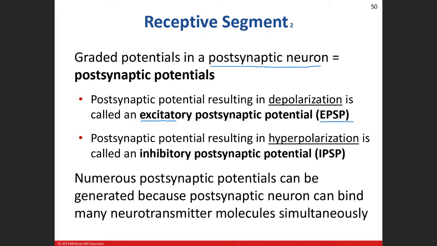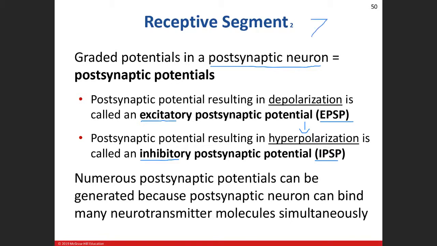Depolarization creates EPSPs. Hyperpolarization, when we make the inside of the cell more negative, we call that an inhibitory postsynaptic potential, or an IPSP. So EPSPs will depolarize the cell. They'll make the inside of the cell less negative.